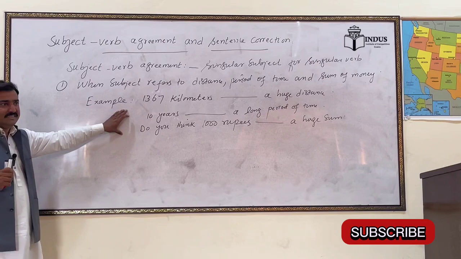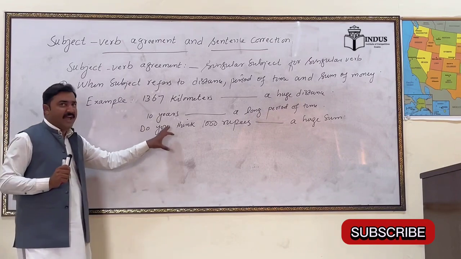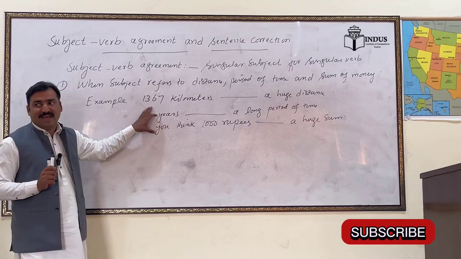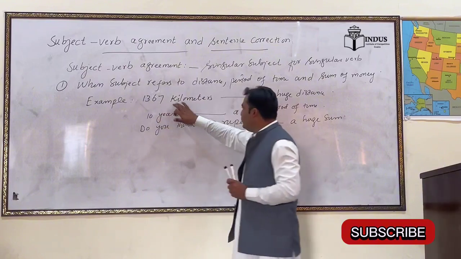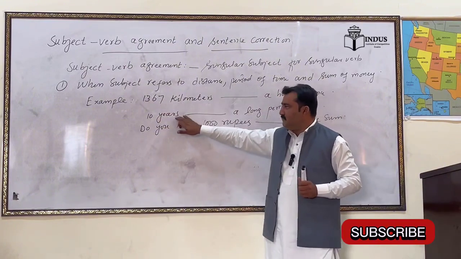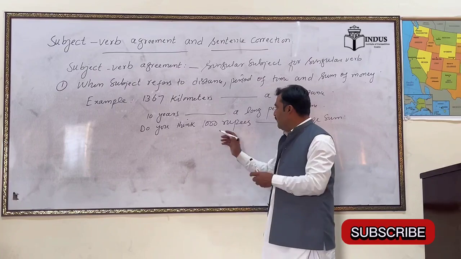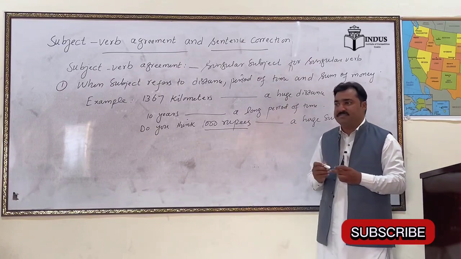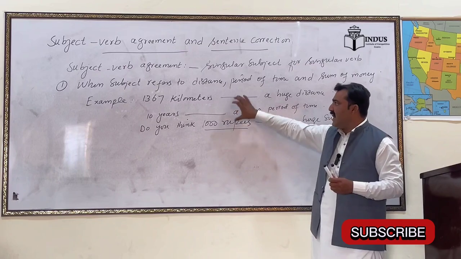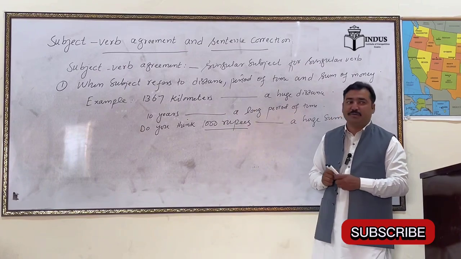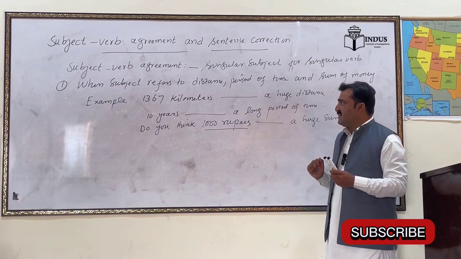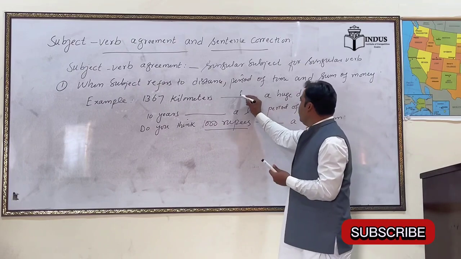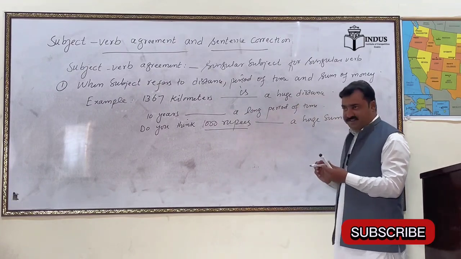Now look at these sentences. In all of these sentences, we have a subject that looks like plural. Here we have 1367 kilometers, we have 10 years, and we have 1,000 rupees. But we will treat all these subjects as singular. We will say 1367 kilometers is a huge distance.